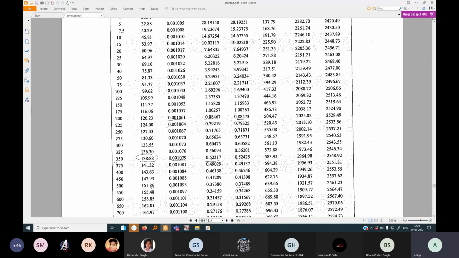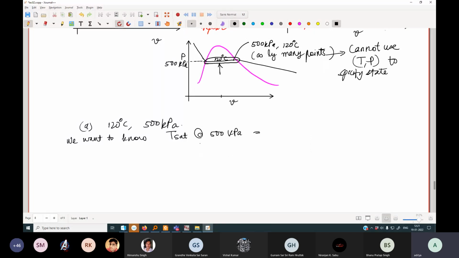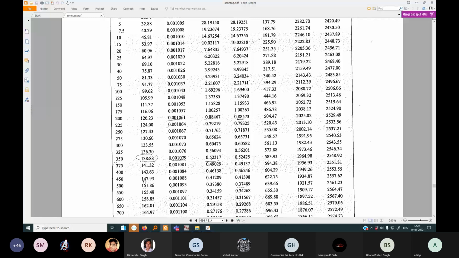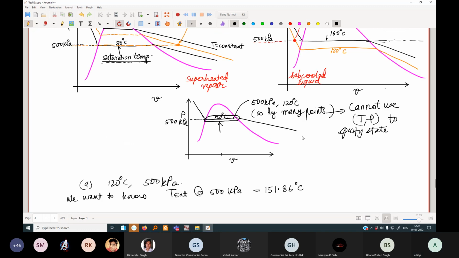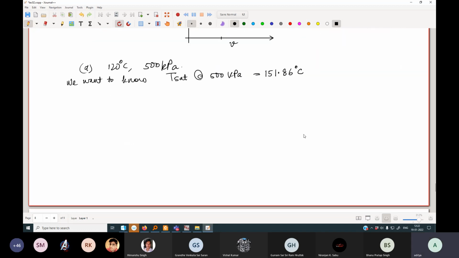So let us write it down. Tsat at 500 kilopascal is 151.86 degrees Celsius. So what does it mean? I will draw it again just for everyone's benefit. So let me draw this.